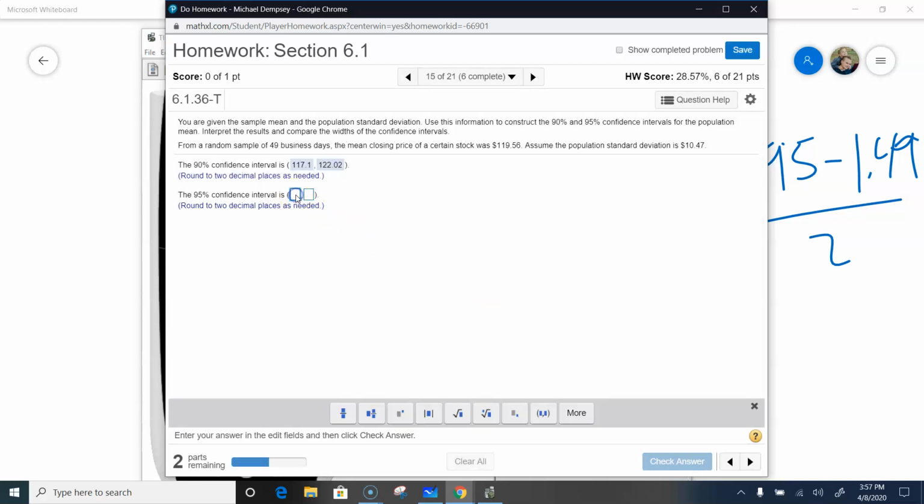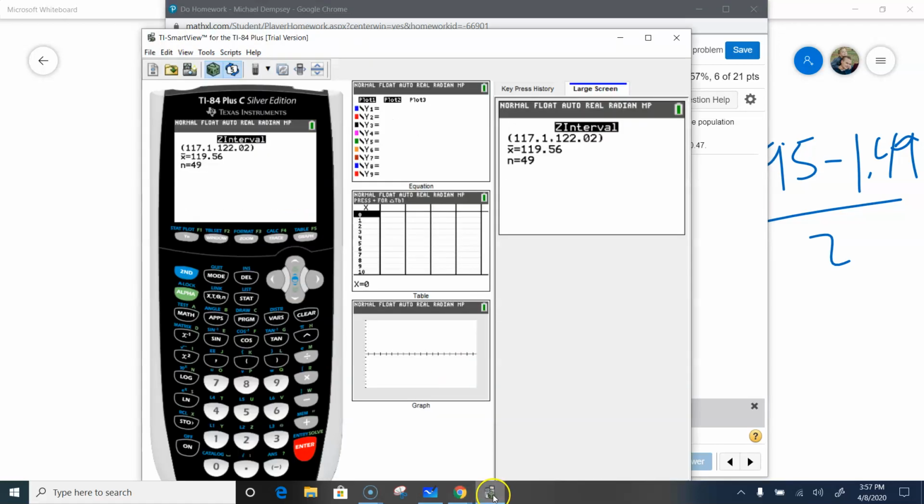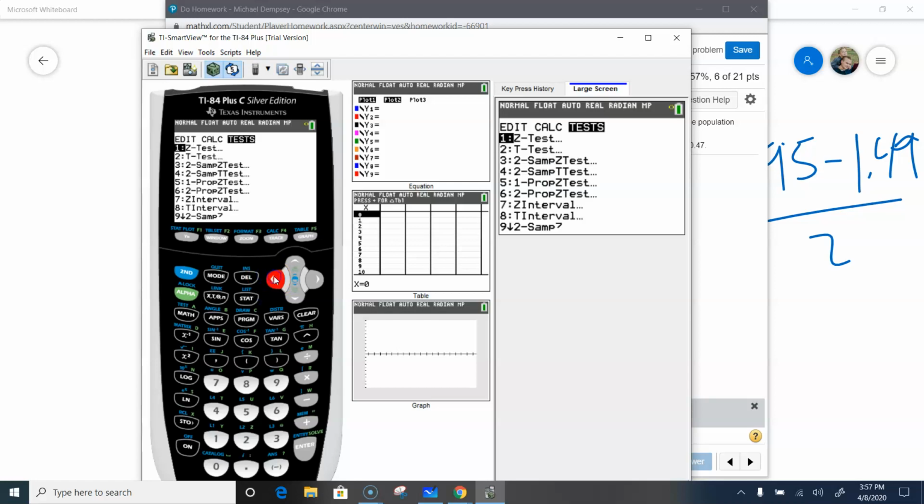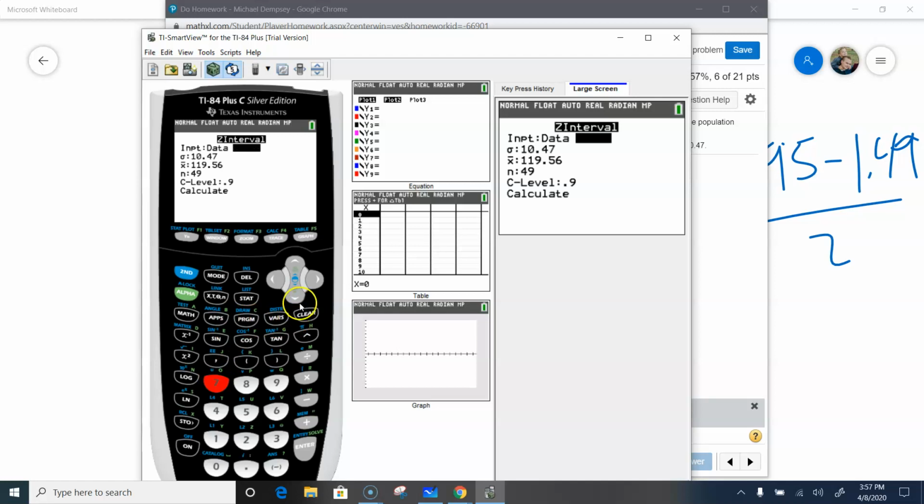And then for 95%, real easy. Watch what happens. This time when I go to stat and tests, and I do my Z interval, I still have all my stuff in there. All I have to do is come down here and change that to 0.95. Uh-oh. Don't do that.